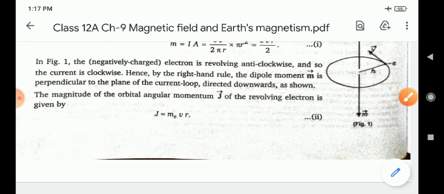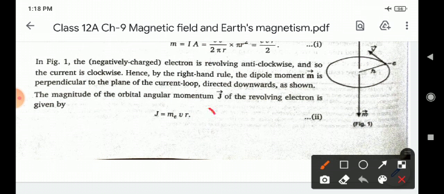We know that the current is clockwise by the help of the right hand rule. The dipole moment m vector is perpendicular to the plane of the current loop, directed downwards as shown in this figure.